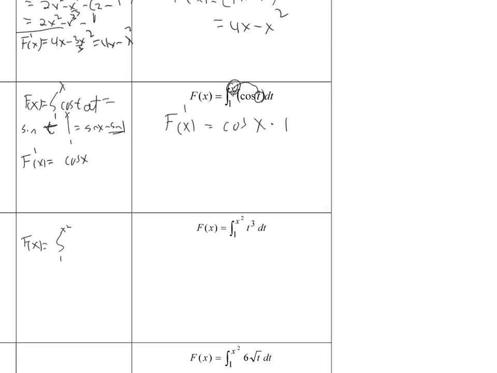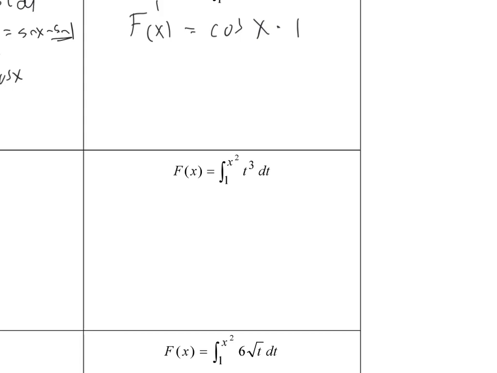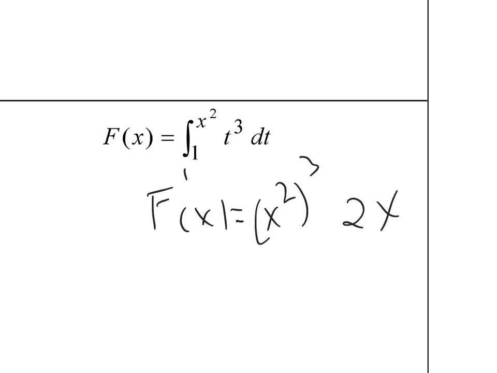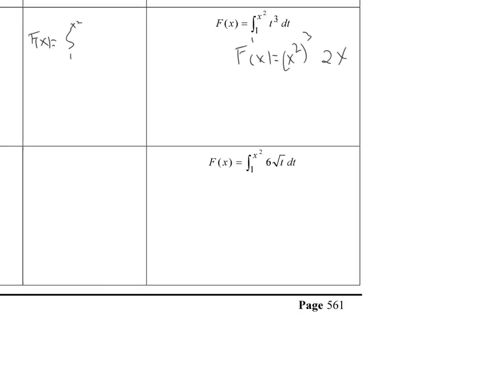So I already did these with that new method, remember? F prime of x would be x squared to the third times 2x. And I already did this one too, so I'll move on.